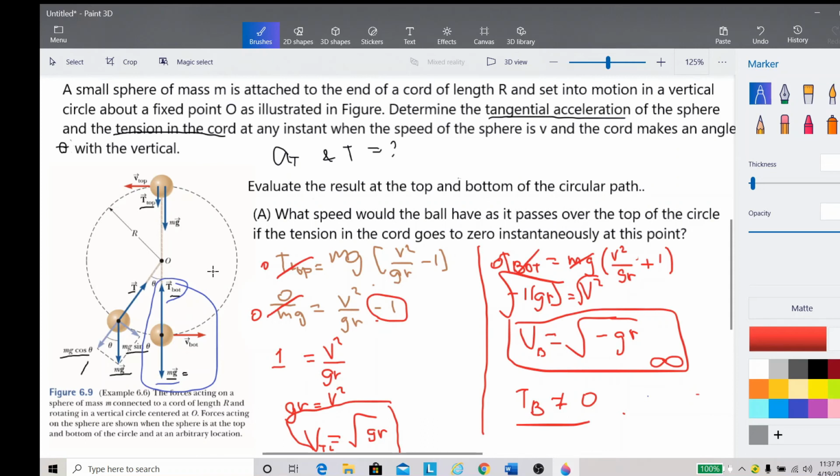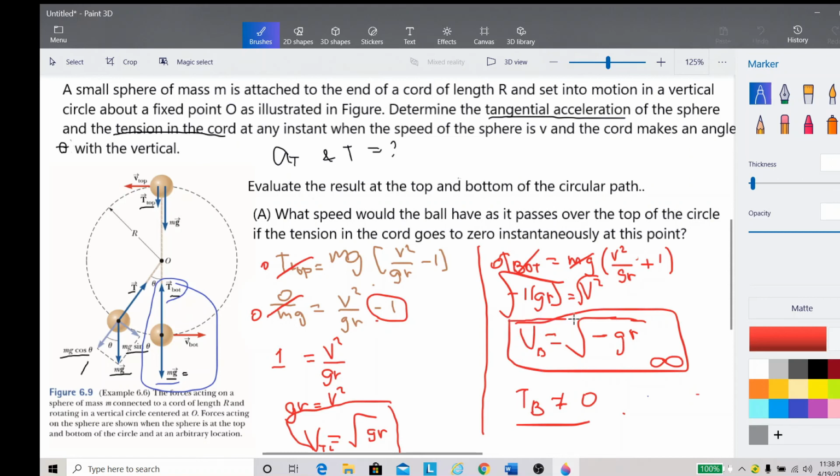Kasi kung wala mang centripetal force na gagana dyan, this sphere will always stay at the dead bottom, aligned with this one, 90 degrees. Therefore, tension at the bottom can never be zero because mag-i-infinity nga yung ating or mag-undefine nga yung ating equation. So, meron tayong consistency, ano?